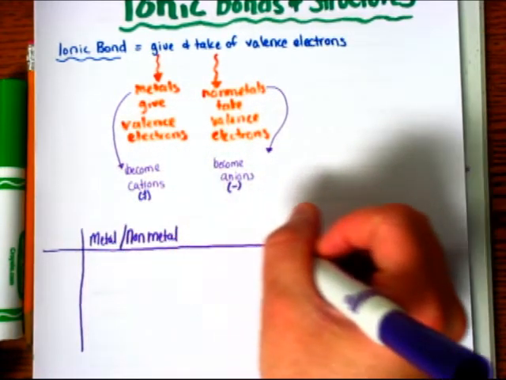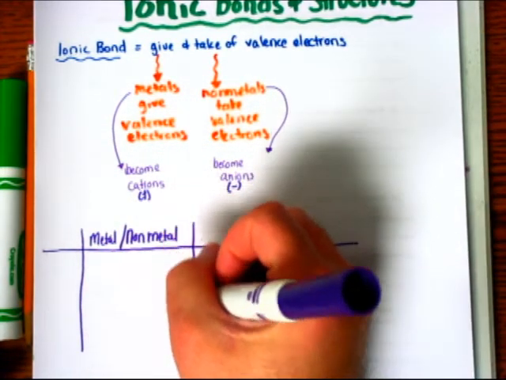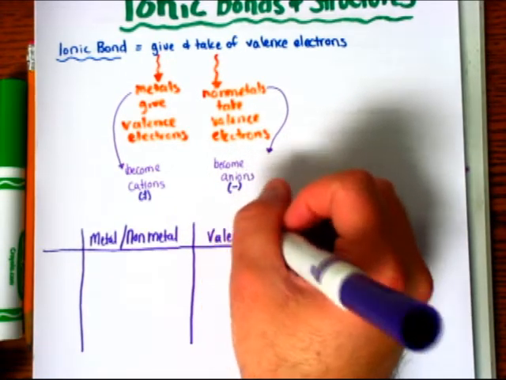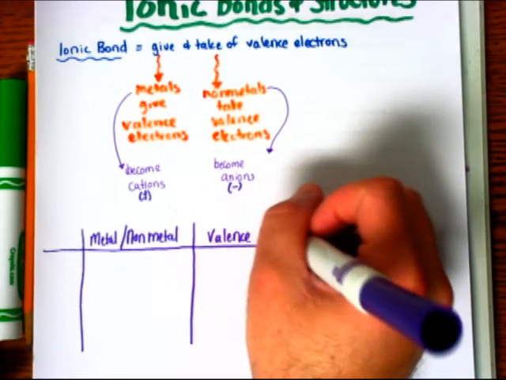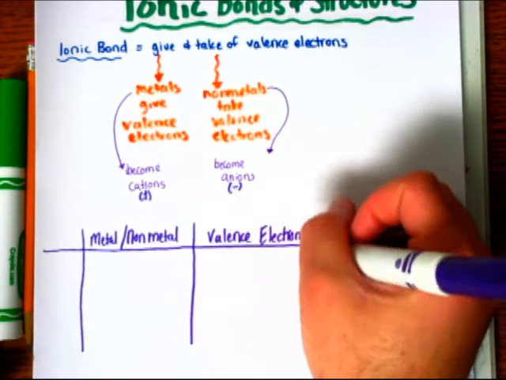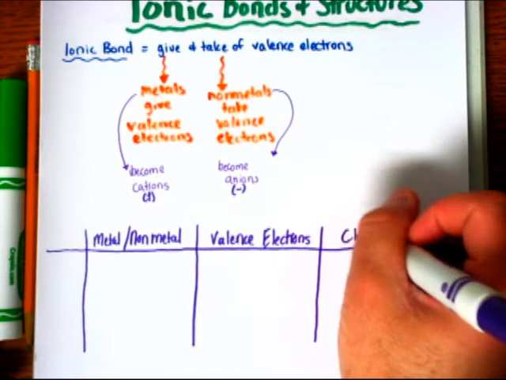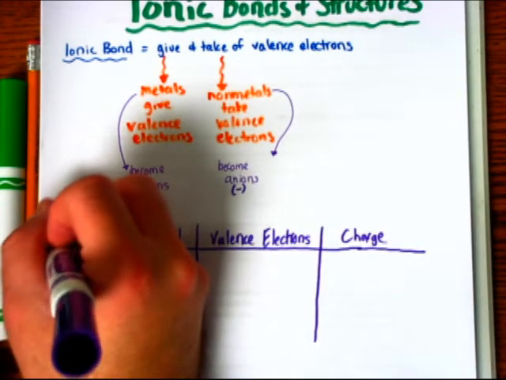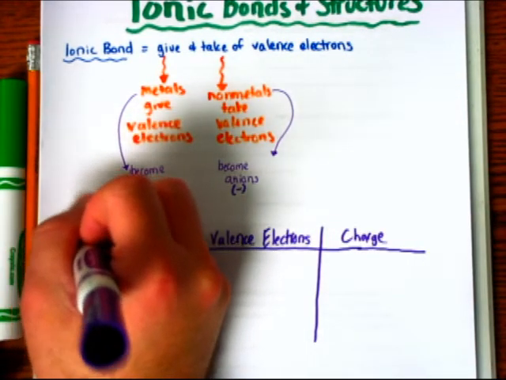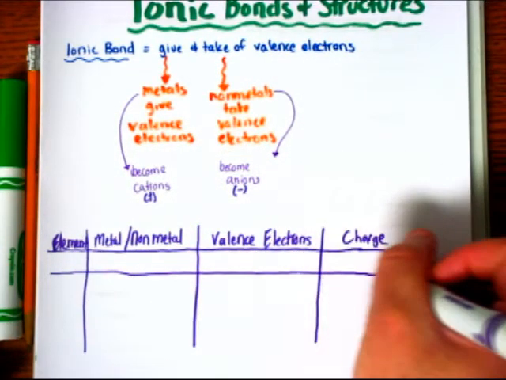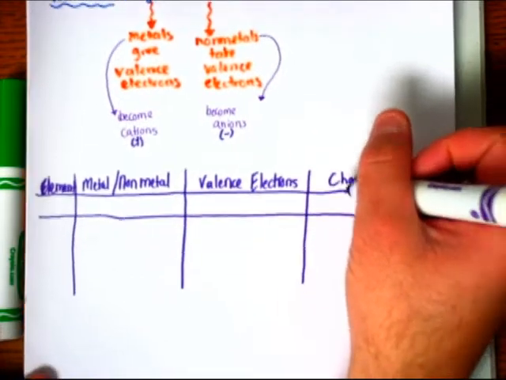So I'm going to give you a chart to write down real quick, kind of as a practice. With your buddy next to you, does everyone have a buddy next to them?